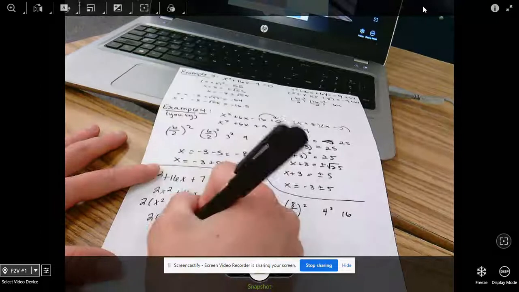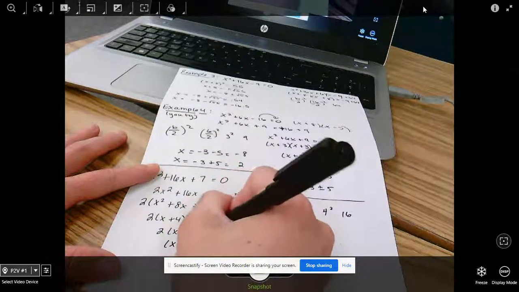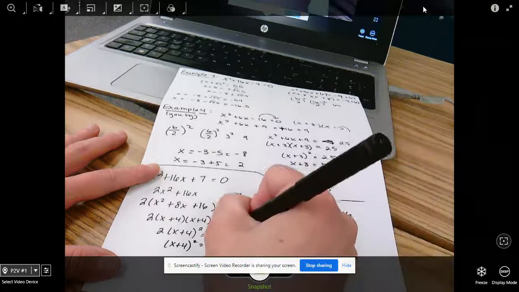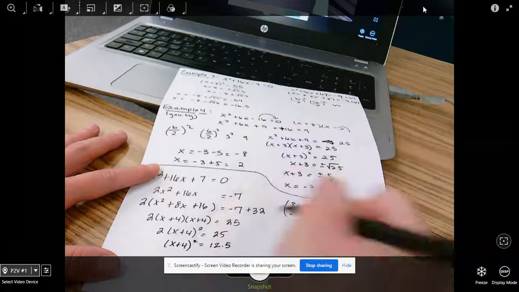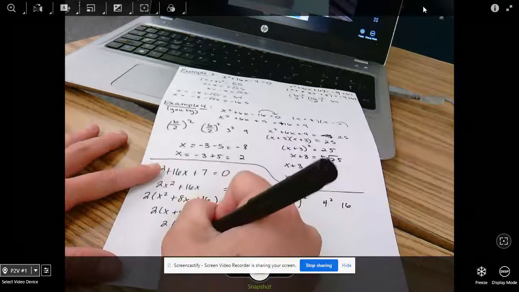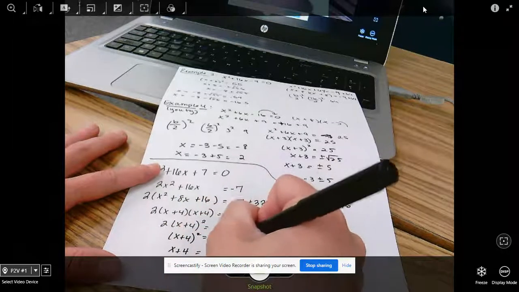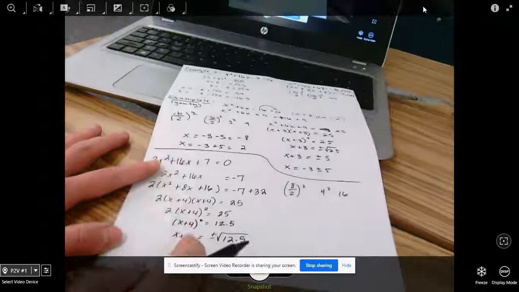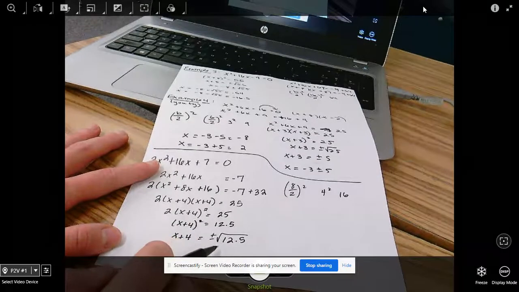Divide both sides by 2. So you're going to get 12.5. Okay, take the square root of both sides. It is not proper to write this, but I'm just doing it for the moment because we're going to make decimals anyway. If that was my final answer, I would make that into a fraction and make it pretty.